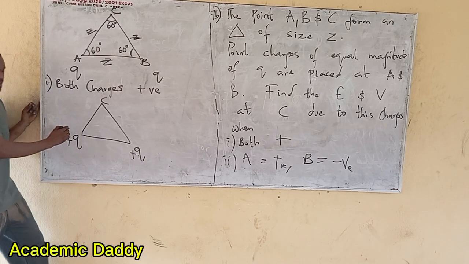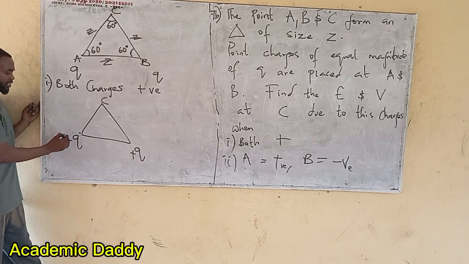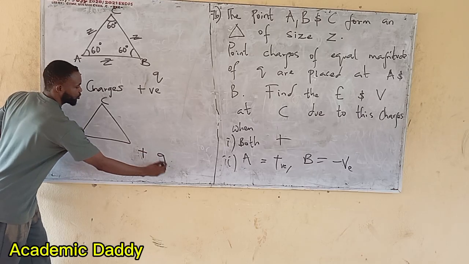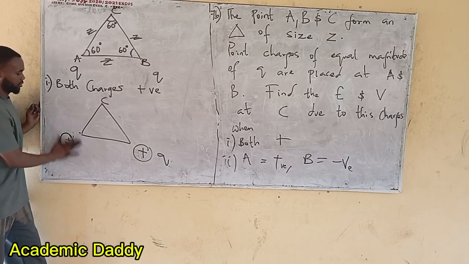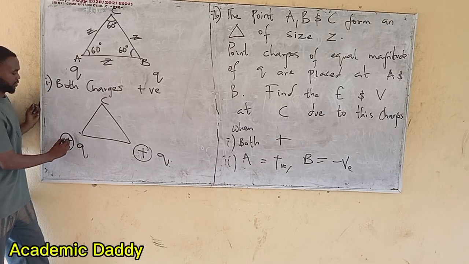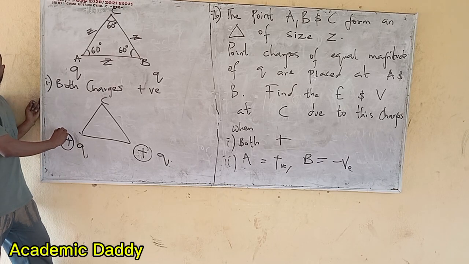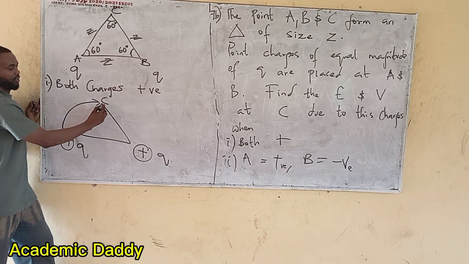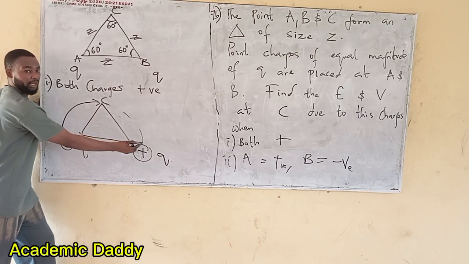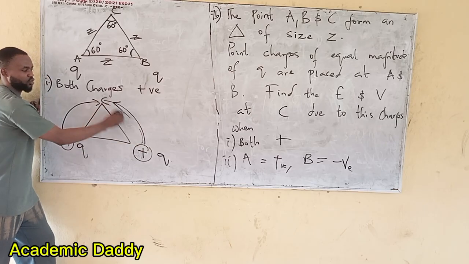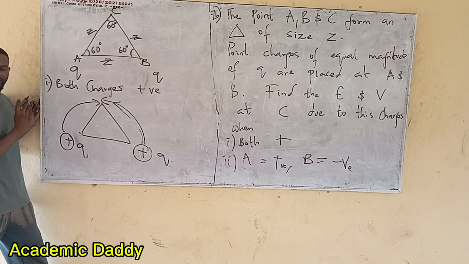This charge, positive charge, is pointing away. You cannot come here because it will be repelled. So it is stopping here. Why is this charge now pointing away as well? Very important.